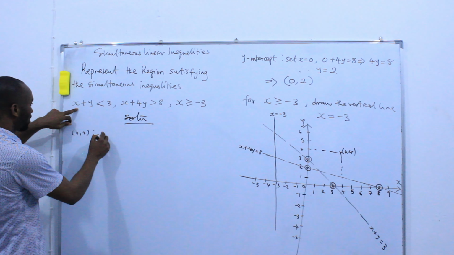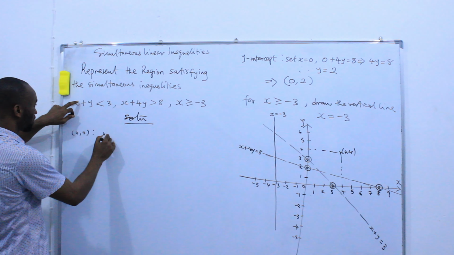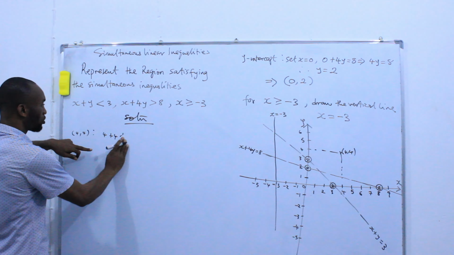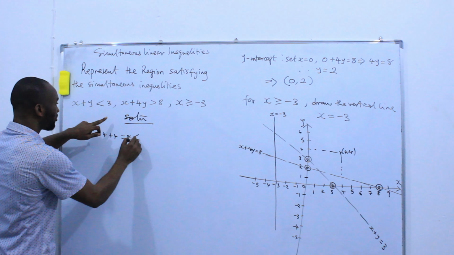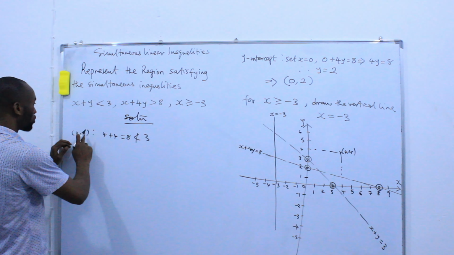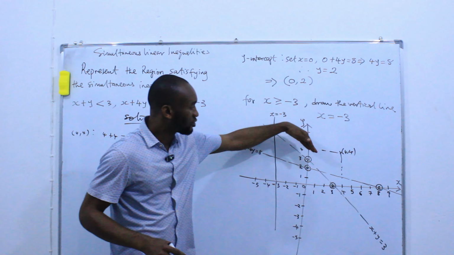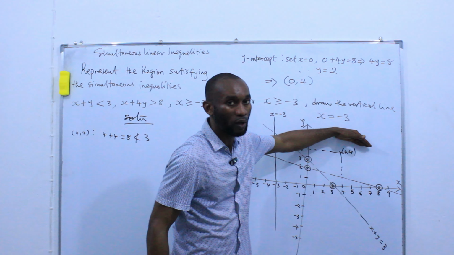Okay, using this inequality, 4 plus 4 is equal to 8, which definitely is not less than 3. So for this point, this inequality fails. That means this region is not the region we are looking for.